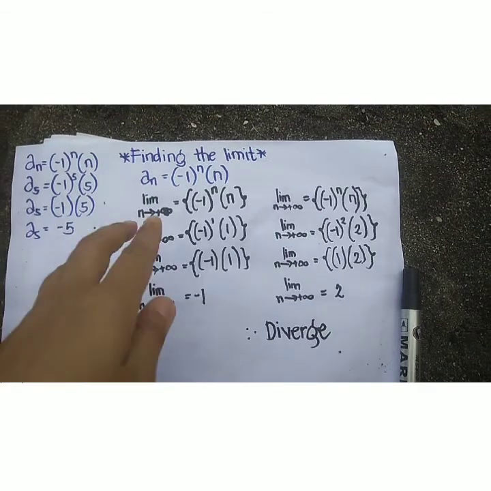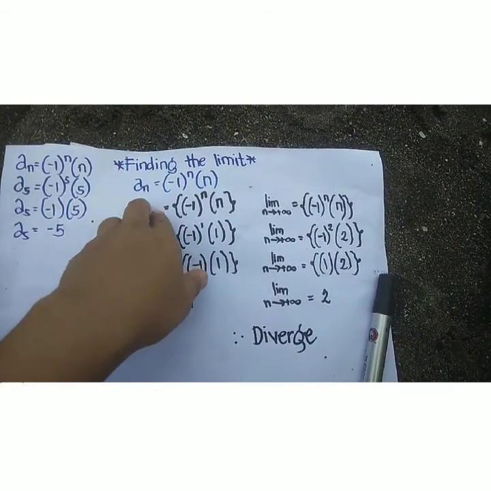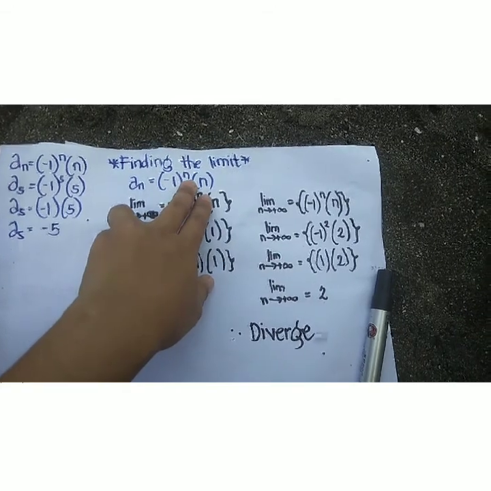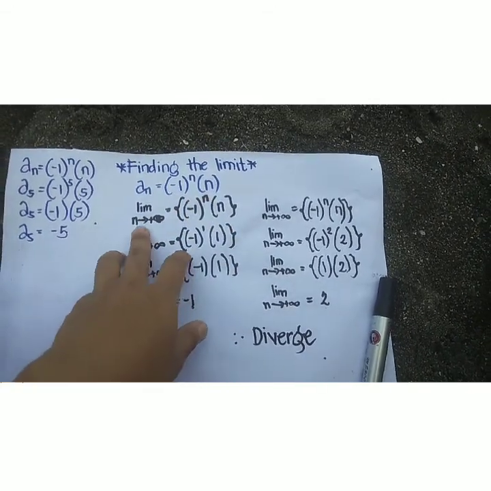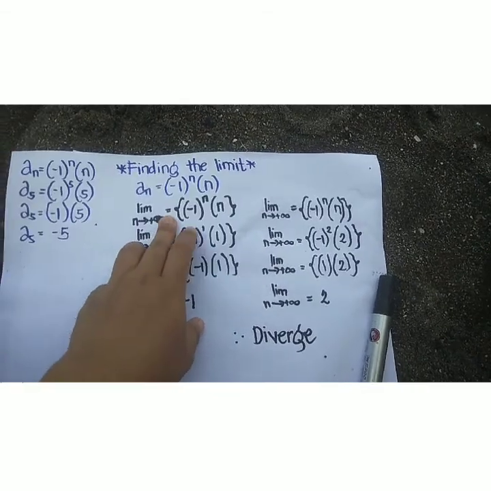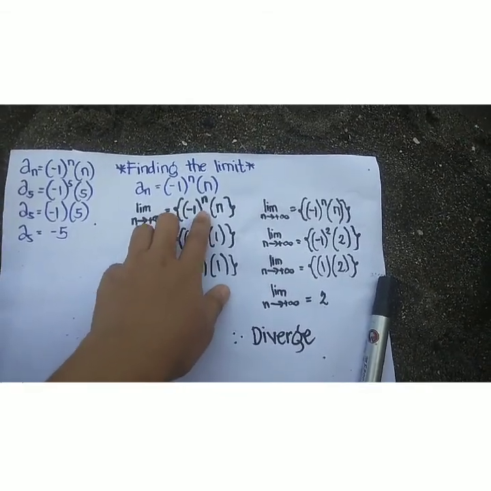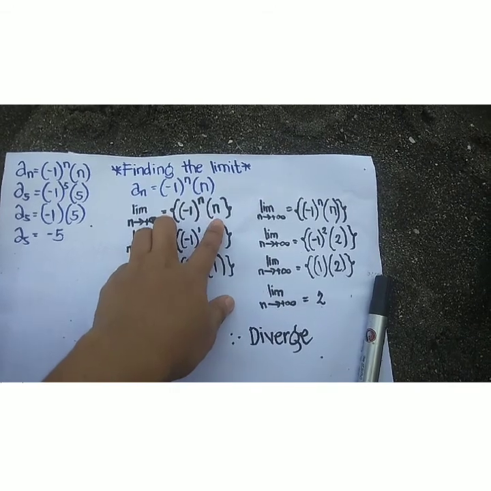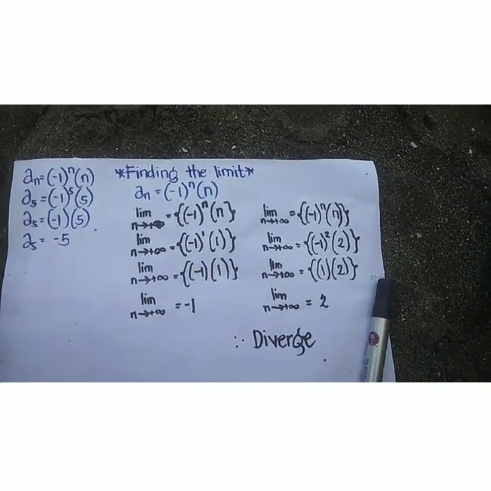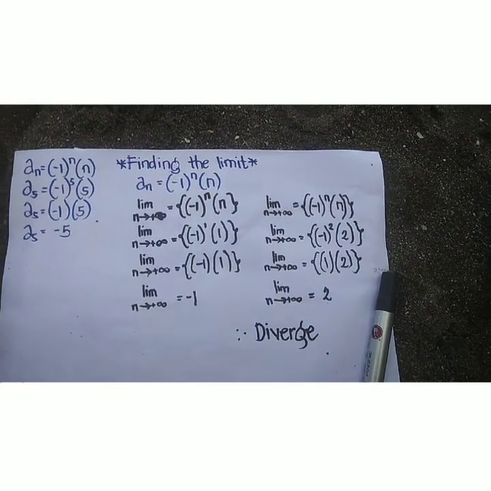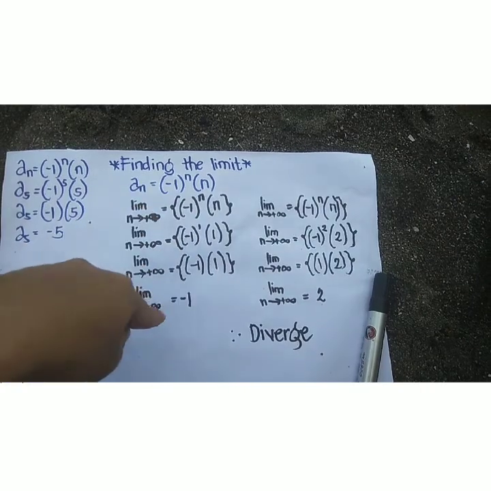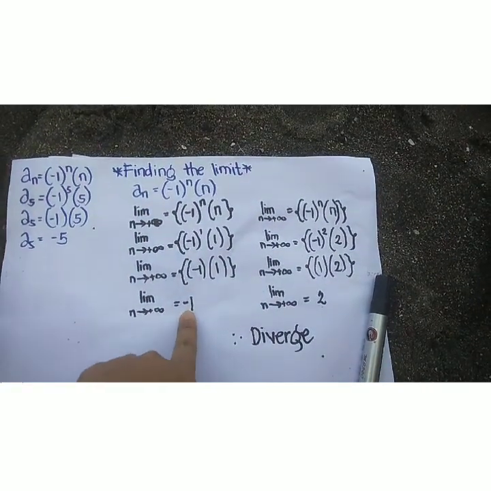So we have here our general term, which is a sub n equal to -1 raised to the power of n times n. So the limit as n goes to positive infinity of -1 raised to the power of n times n. Now we only have to plug in our terms, starting with 1. So -1 raised to the power of 1 times 1, the result would be -1.